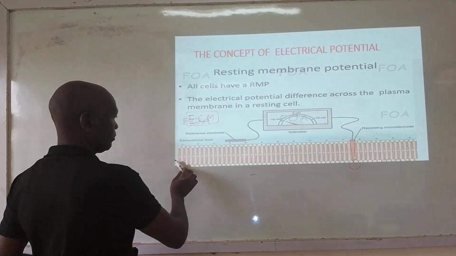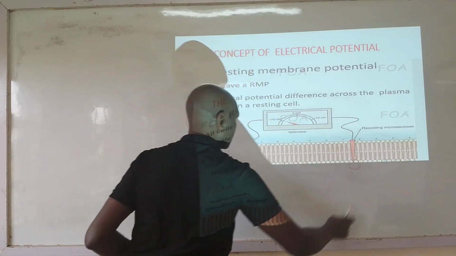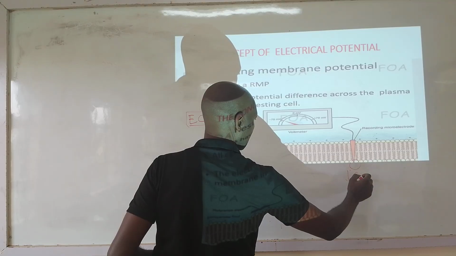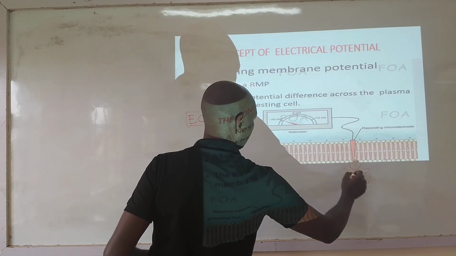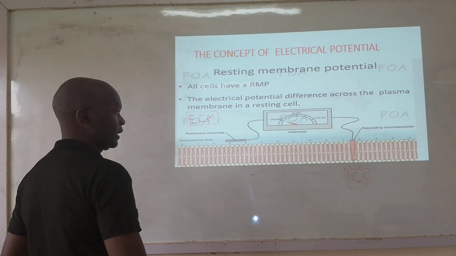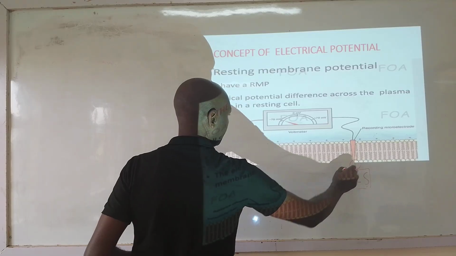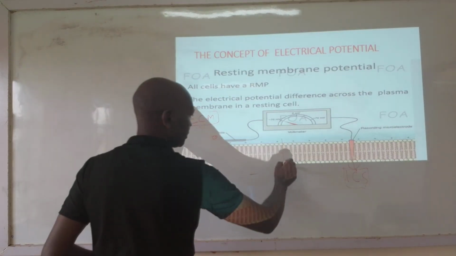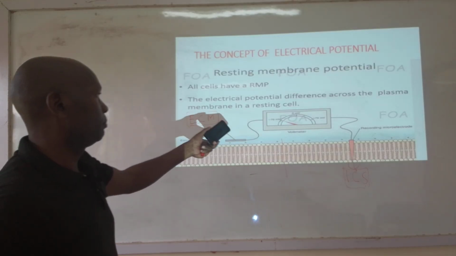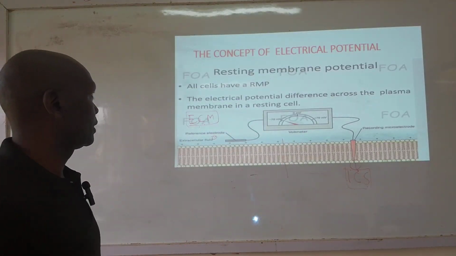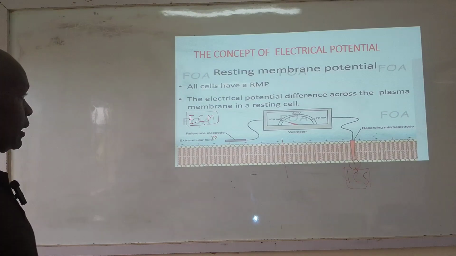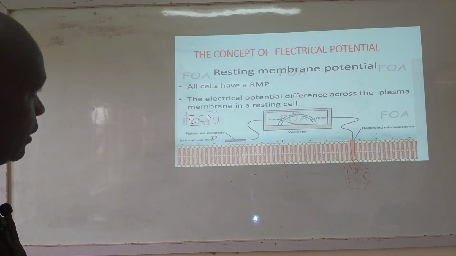This is the cell membrane. What you are seeing here, the whole of this is the cell membrane. Inside here is the intracellular space. So if I have an electrode connected here and another one in this space across this membrane, then you are able to pick some charge, and that is what we call the resting membrane potential. So that is an illustration of what we have already explained.